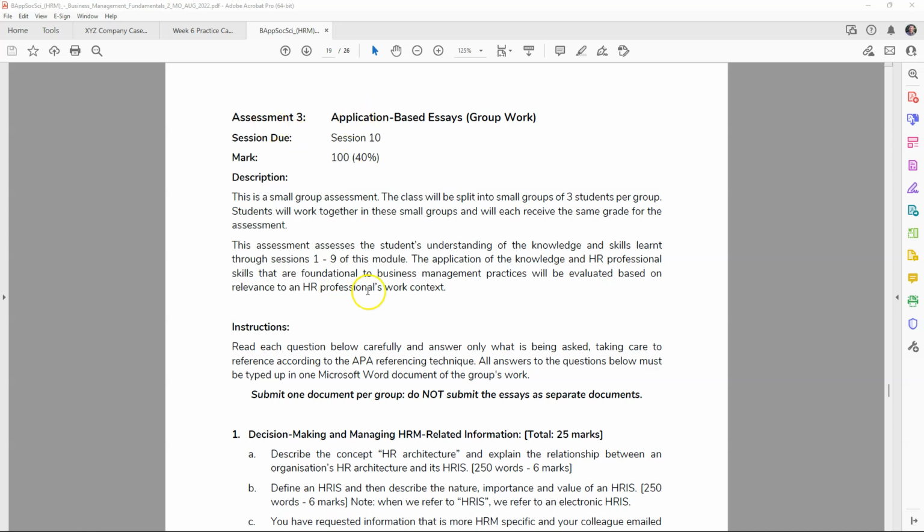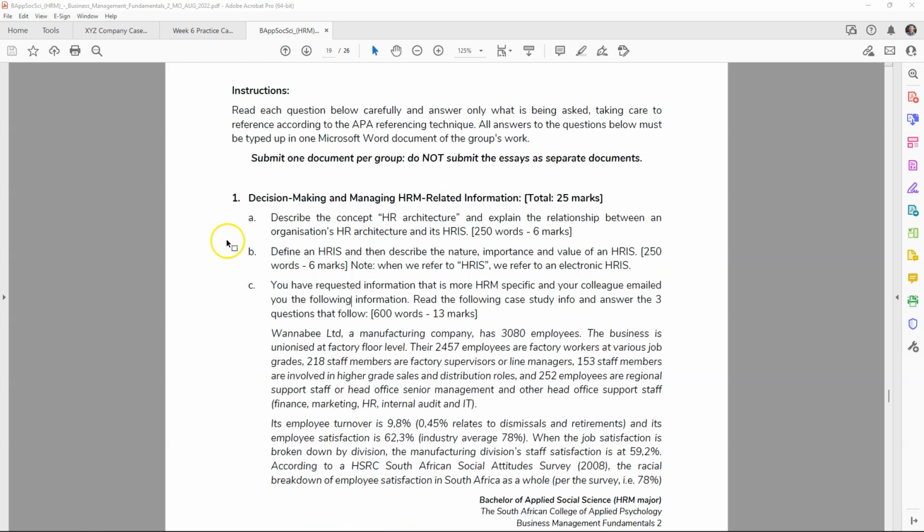assessment 3, question 1C, where the question reads, you have been requested information that is more HR specific, and your colleague emailed you the following information, which is then the case study below. And the question says, read the following case study and answer the 3 questions that follow.